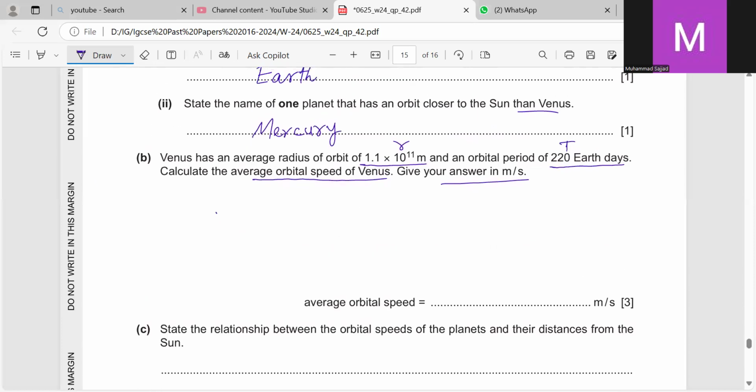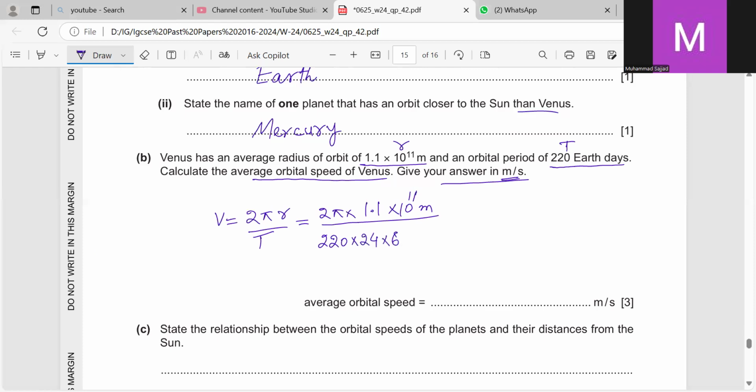So v is equal to 2 pi r over T. So 2 pi times r is 1.1 times 10 raised to power 11. This is in meters, and we need the answer in meters per second. So over period, that is 220 Earth days. So 220, each Earth day is 24 hours.